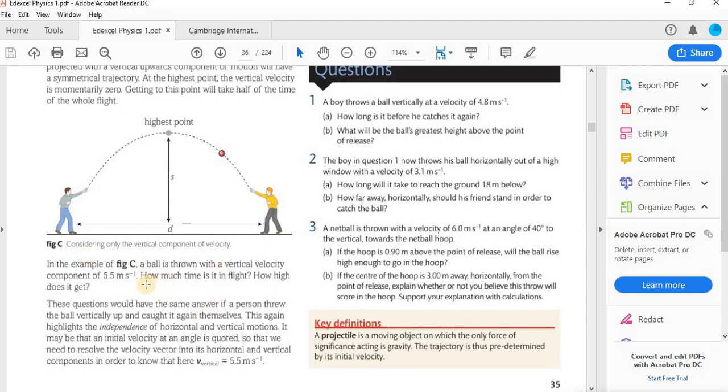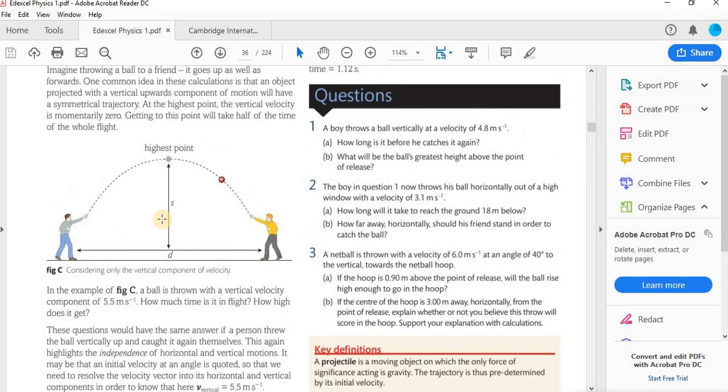Okay, so they are asking here, a ball is thrown with a vertical velocity component of 5.5 meters per second. How much time is it in flight? How high does it get? Again asking you the time of flight and how high it gets, so the vertical height.